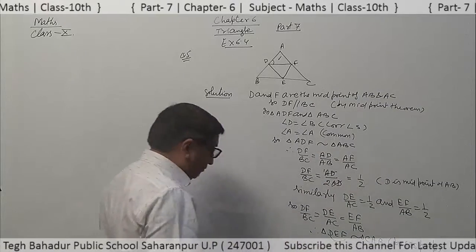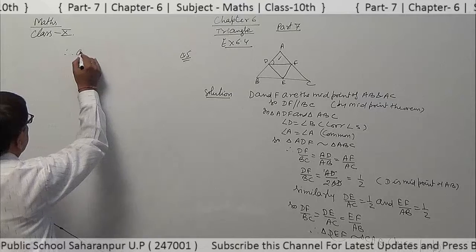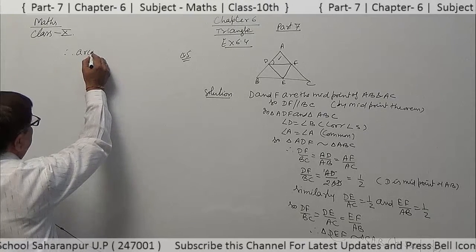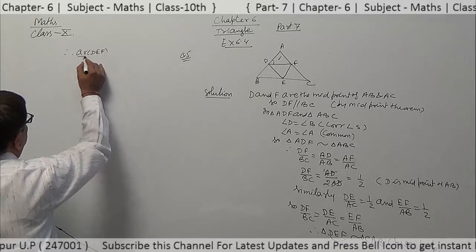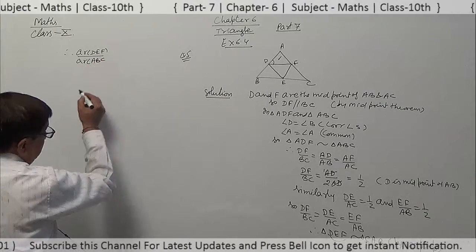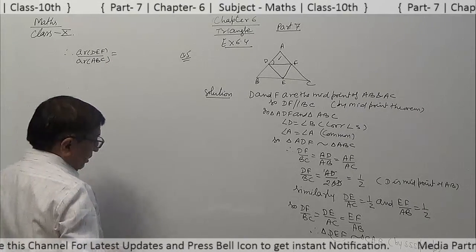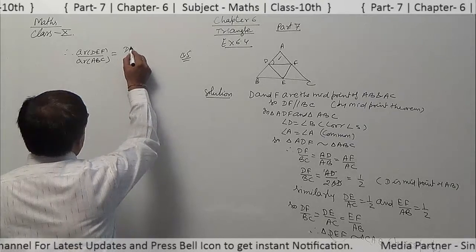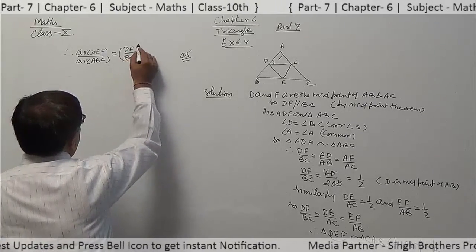When triangles are similar, the area of triangle DEF upon the area of triangle ABC is equal to DF upon BC squared.